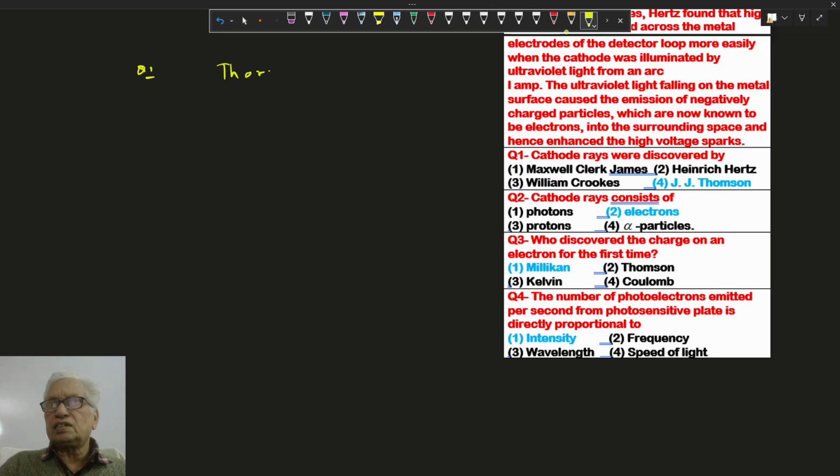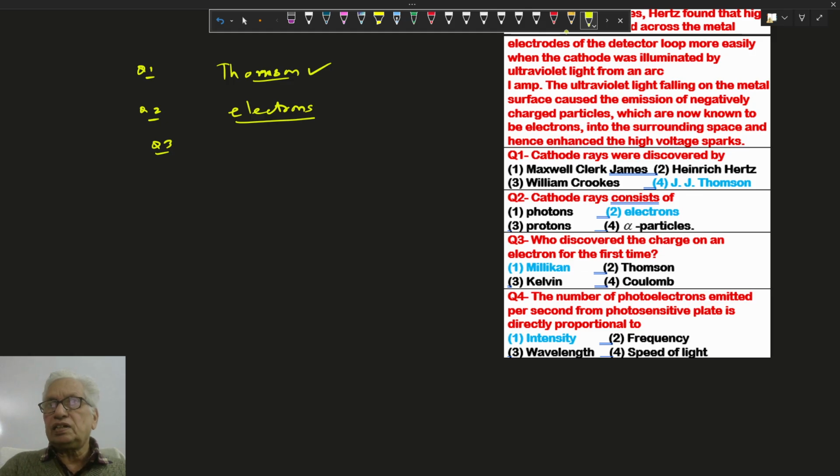So we have to learn this one. This is the Thomson theory. Cathode rays observed by the Thomson, and cathode rays consisting of electrons. Sometimes it is called cathode rays.